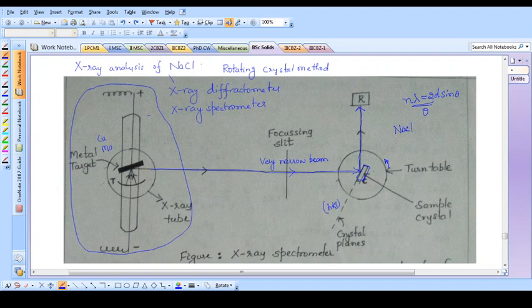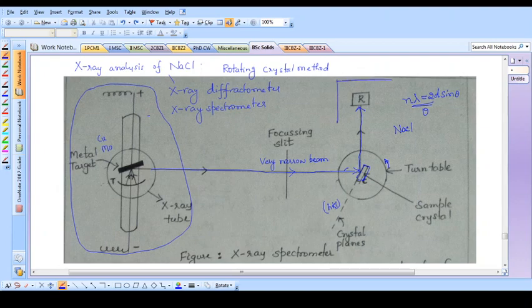So once this crystal is rotated at different angles, at some angles Bragg's equation is satisfied and we observe a bright spot, and at some angles Bragg's equation is not satisfied and we do not get a bright spot. So we rotate the crystal in various possible orientations so that different HKL planes are exposed to X-rays at various angles.